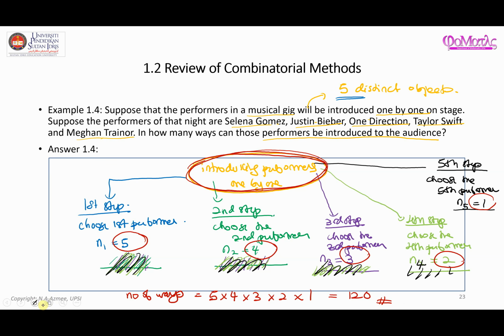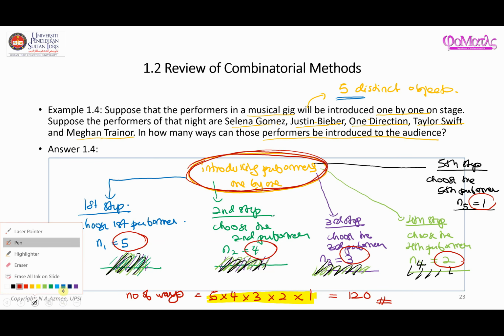I hope that you can see the thought process that I've explained to you just now is about the basic counting rule, but the result that we get here can be specifically narrowed down to the idea of 5 factorial as well.